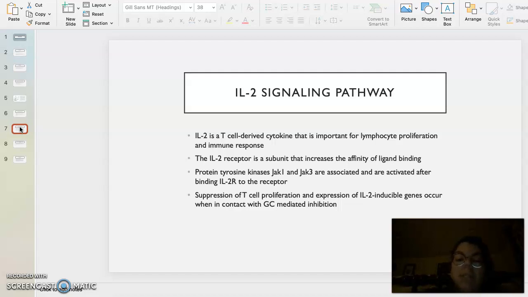Suppression of T cell proliferation and expression of IL-2 inducible genes occur when it's in contact with the glucocorticoid mediated inhibition.